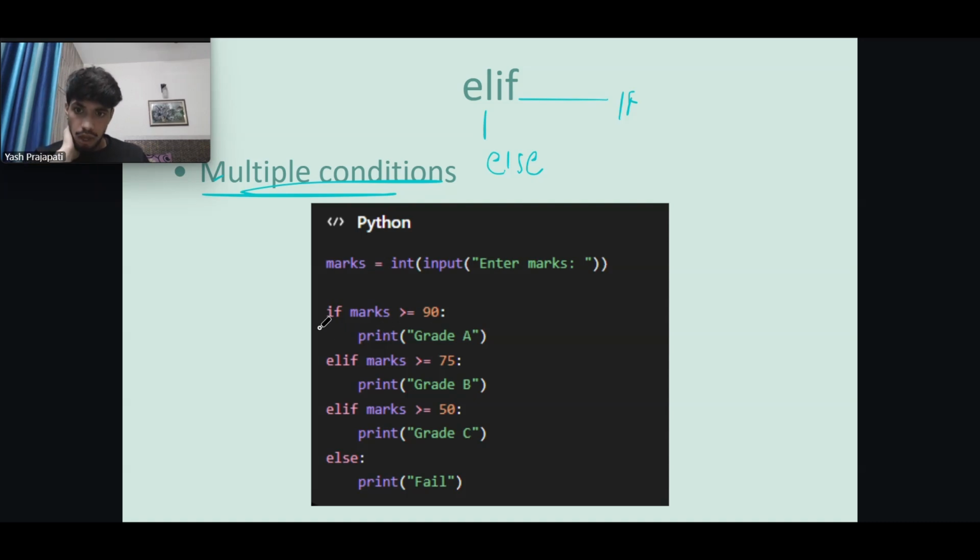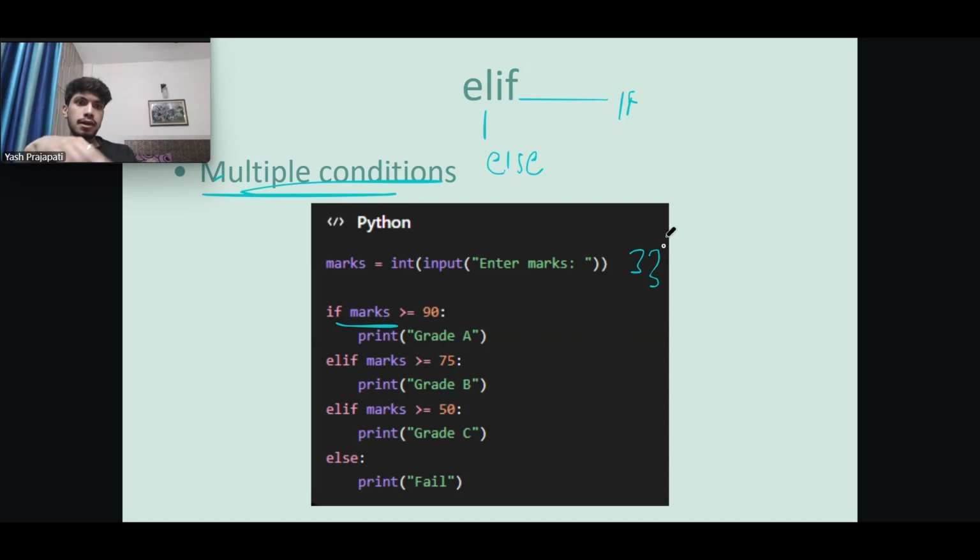Here, if marks is greater than 90, let's take any input number, like 33 marks. The student is getting 33 marks. So if marks is greater than 90, then print this.